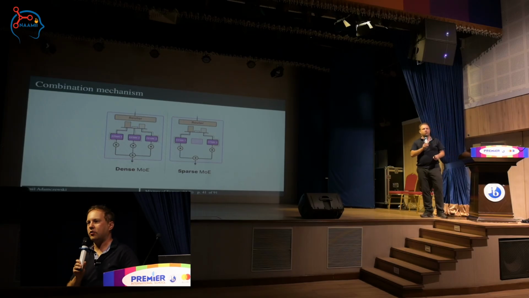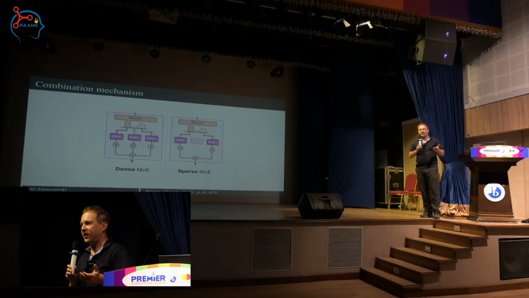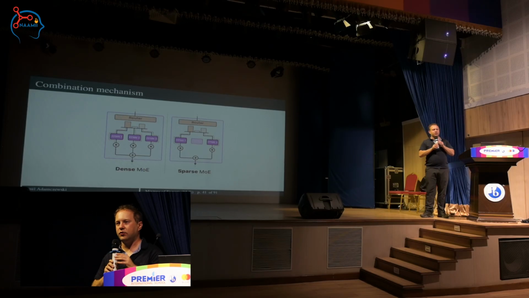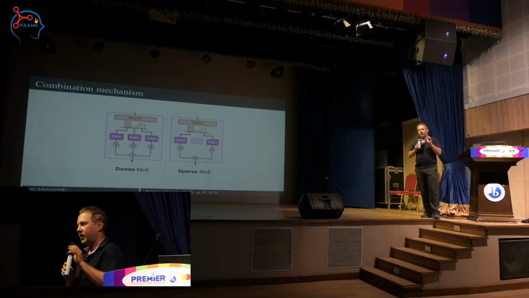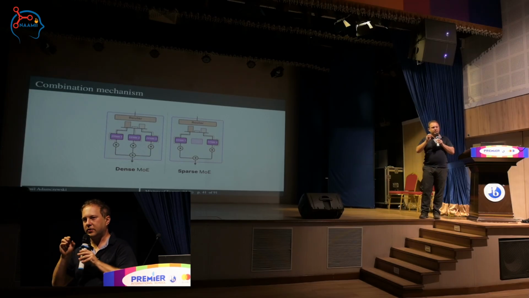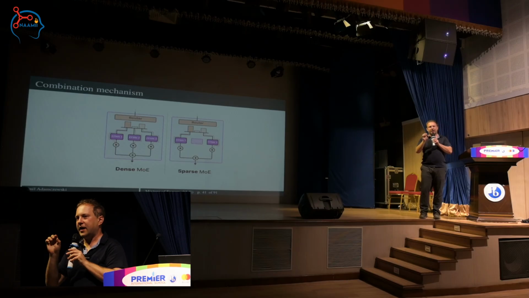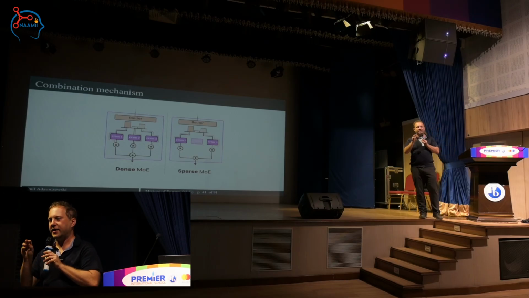There was still some confusion about whether we need to evaluate all the experts, and the answer is we don't. The way mixture of experts works is that we have this router, a gating mechanism, which is a small MLP layer.